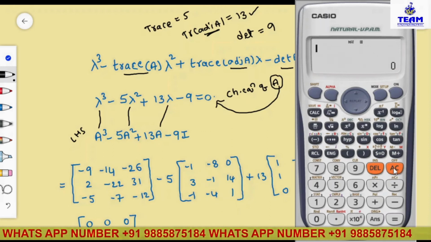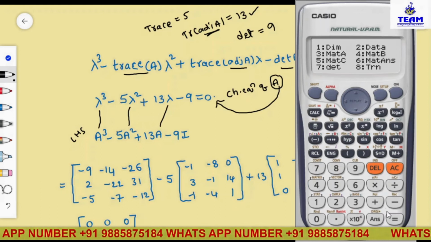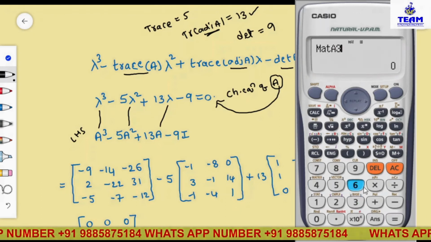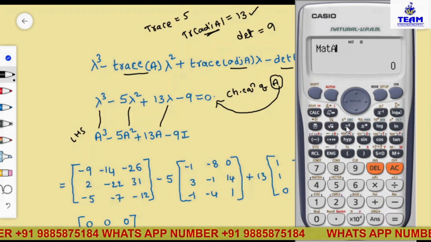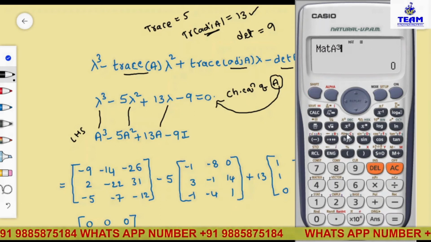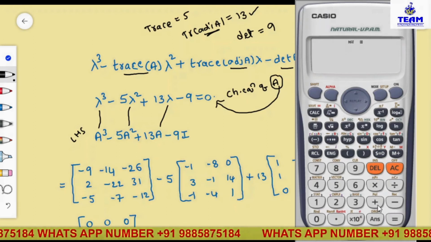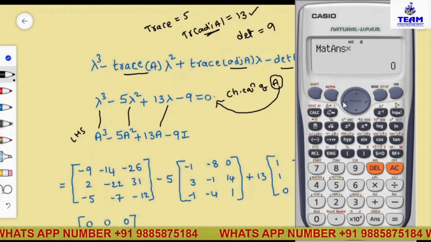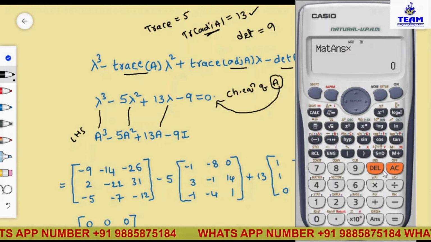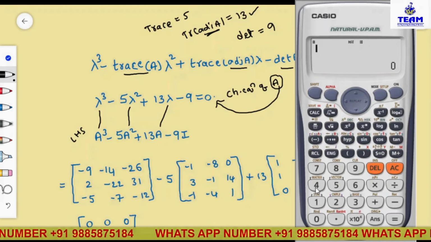Next you want Mat A whole cube. So go for shift 4, Mat A, whole cube, so shift x square. Now press the equal button. This gives Mat A cube. Sorry, a little bit of mistake.